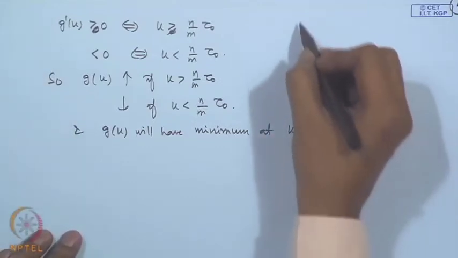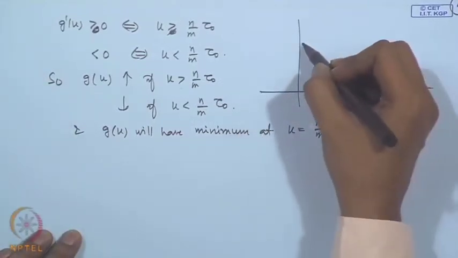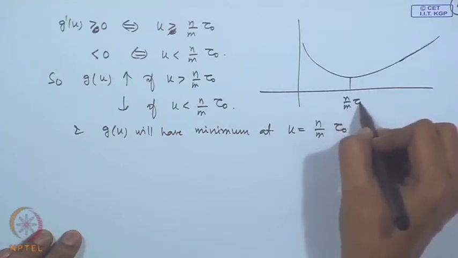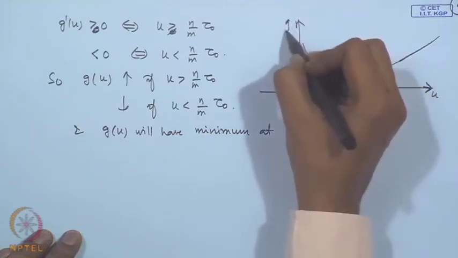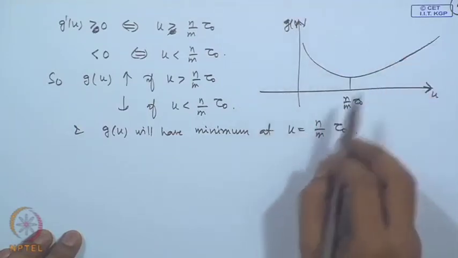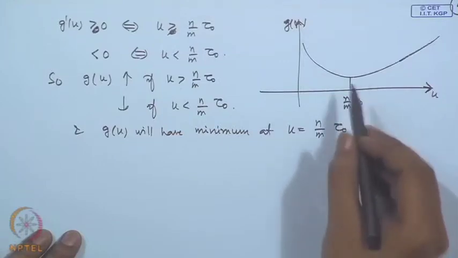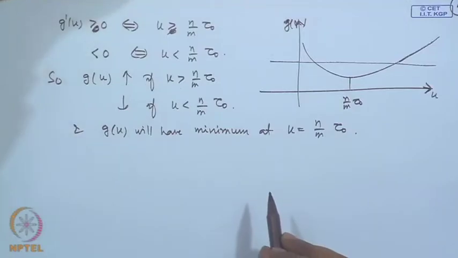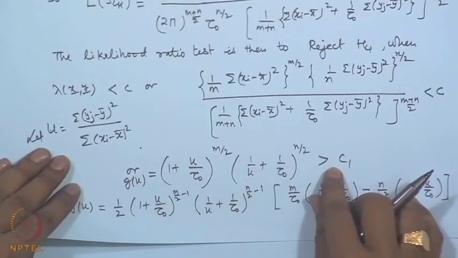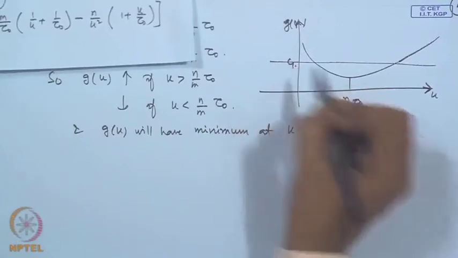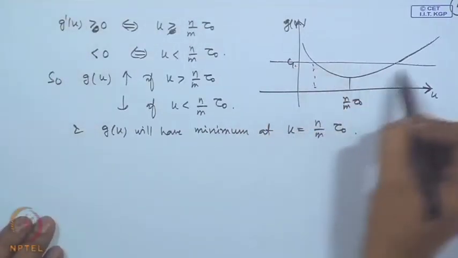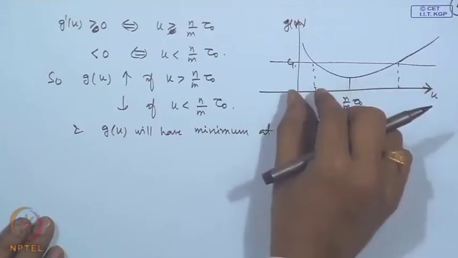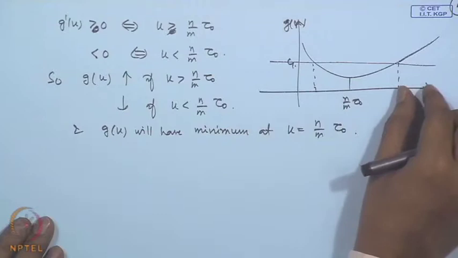That means, the nature of this G u function will be something like this. There is a minimum at n by m tau naught. If I am plotting G u function, then it will have something like this. So, if I say G u is greater than C 1, suppose this point is C 1, then this is equivalent to saying that u is either less than certain number or it is bigger than a certain number.